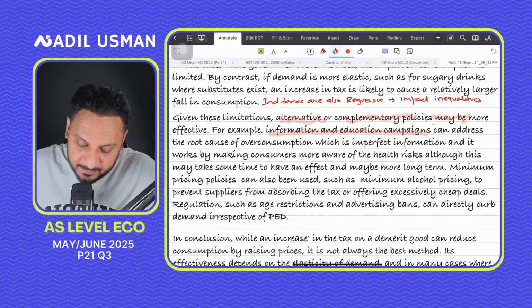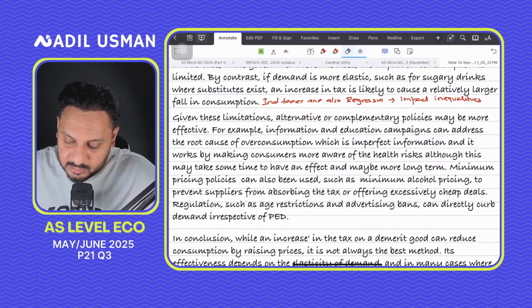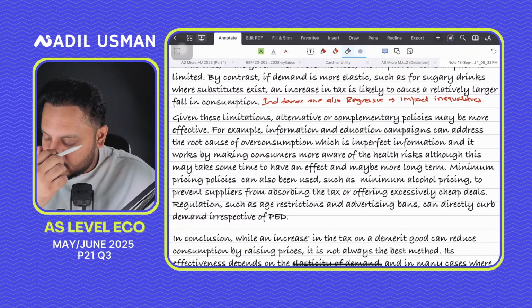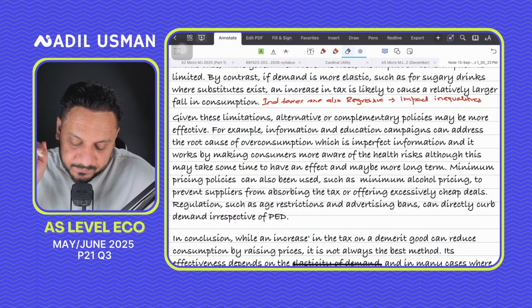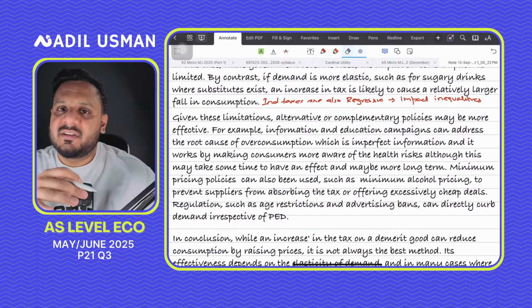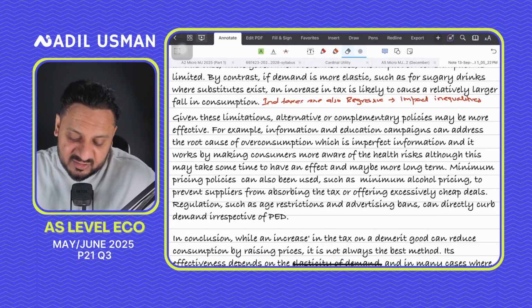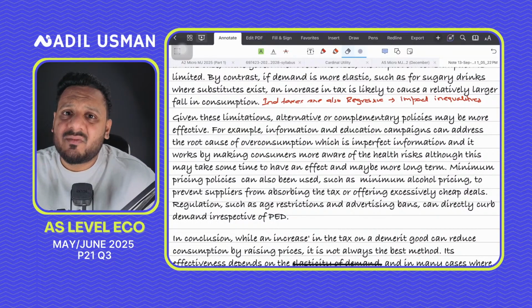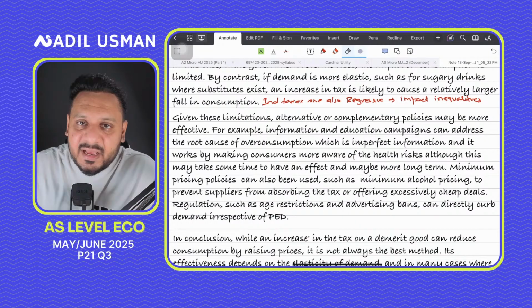Now here, the problem is, and this also happened in almost all variants where a government intervention question had come, that students do suggest alternative policy. They will end up suggesting minimum prices, and they will end up suggesting information provision. But when you're suggesting information provision, do say what you mean by information provision. It means educational campaigns or advertising.